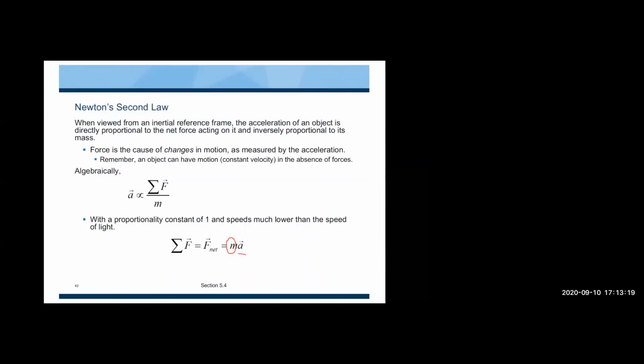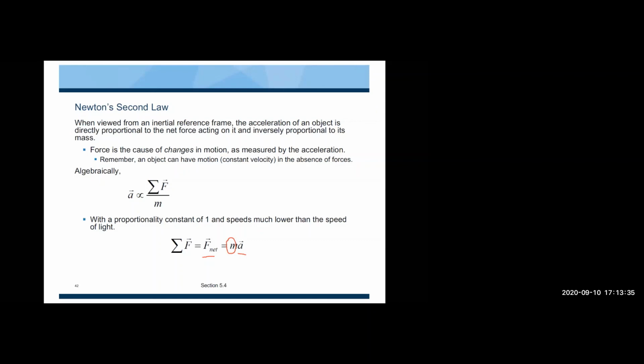Mass here is just a proportional constant. This mass is a scalar. The acceleration and the net force are vectors. The two have the same direction. Mass has no direction.